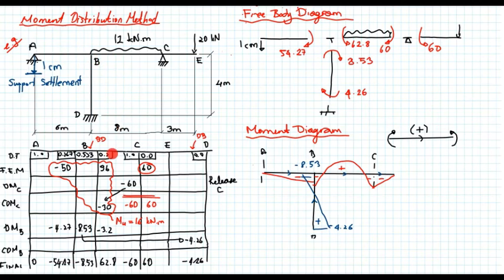So I drew 3 columns underneath point B. This part represents the BA part, this is BC part, and of course I cannot draw D side by side to point B, so I draw it here and put a reminder to myself so that whatever the moment I see, the carryover moment will go to point D. So that's why I have 8.53 here, and I moved a half of it to the last column, 4.26. So that finalizes our discussion on the moment distribution method.